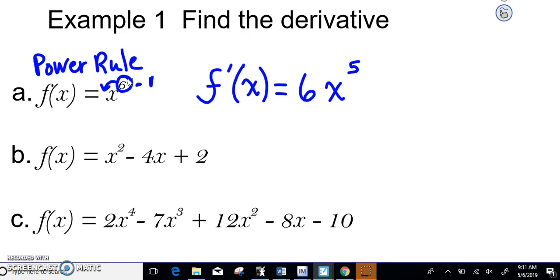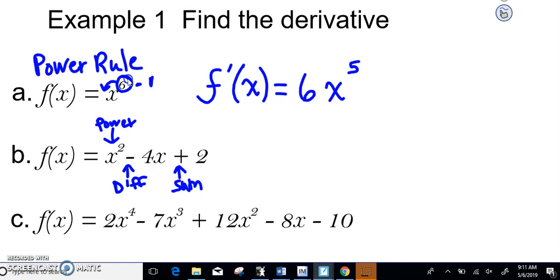All right, now the next one deals with pretty much everything. We have the sum and the difference rule right here. We have the sum rule here, the difference rule, and this is the sum rule. We have the power rule right here.